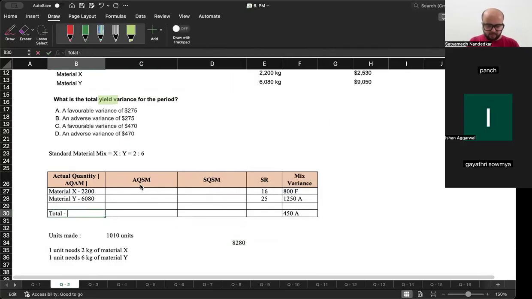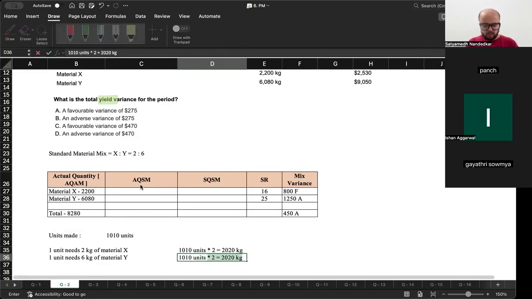It is 8280, right? Let us split it. One unit needs 2 kg. So 1010 units into 2 is 2020 kg, and 1010 units into 6 is 6060 kg.